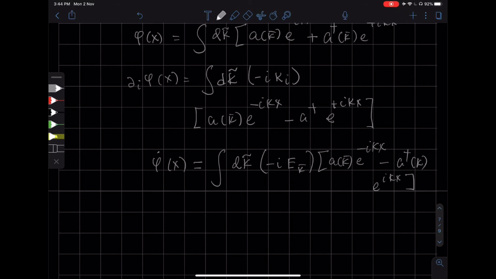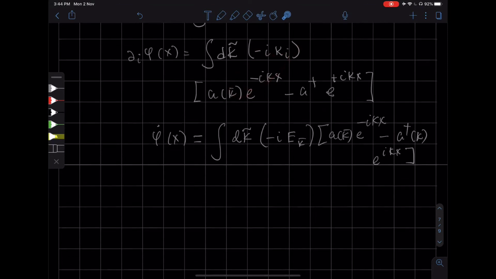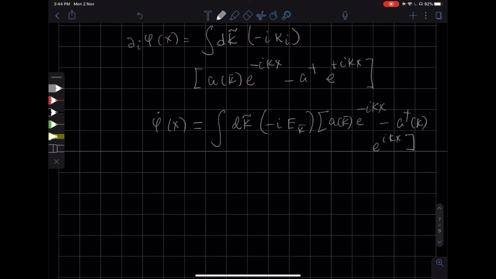So you might wonder, why is the sign in both places the same? Well, we can look at it a bit more carefully. Let's just work on the first term. The spatial derivative acts on e to the power minus I kx.